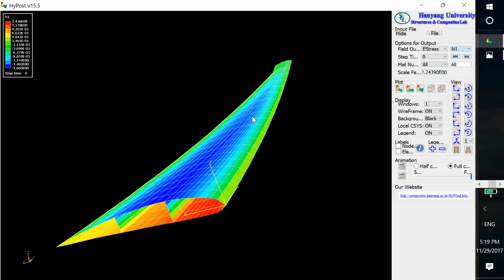So why does it happen on the compression side? Listen very carefully. Again, I'm not going to cover the whole class. I'm going to just explain and that's it. We have a certain load and try to apply it to this structure. So this is a piece of structure.